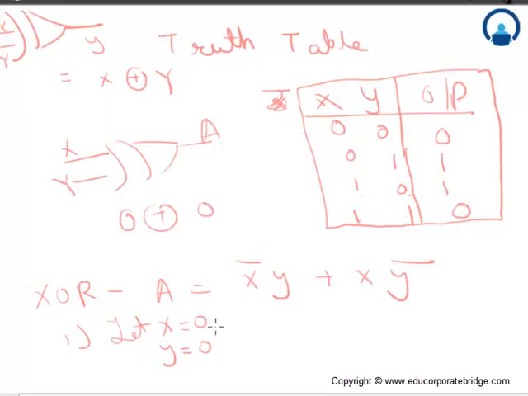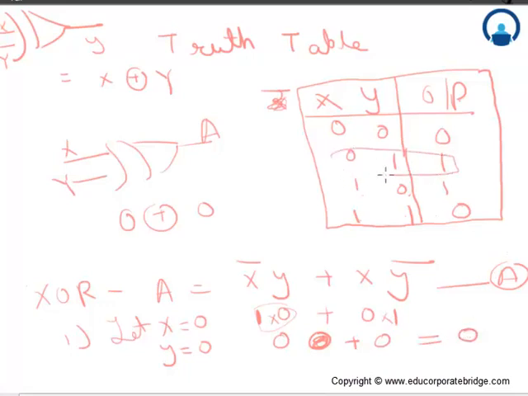Substituting these values in equation A, X is 0, therefore X bar will be 1, Y is 0, plus X is 0 and Y bar will be 1. Adding these two, the output for the first term will be 0 plus the output for the second term will be 0. This will be 0.